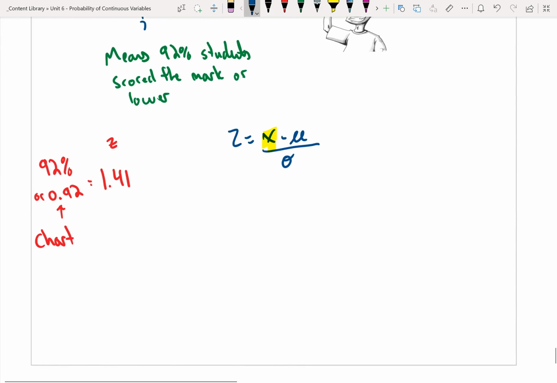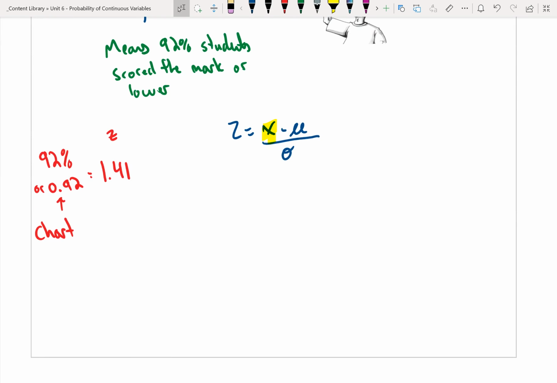Now I can take this and put it into my formula. So I have 1.41, which is my z-score, equal to x minus 7 divided by 2.2. If I solve this, 1.41 times 2.2 plus 7 is equal to the data point.